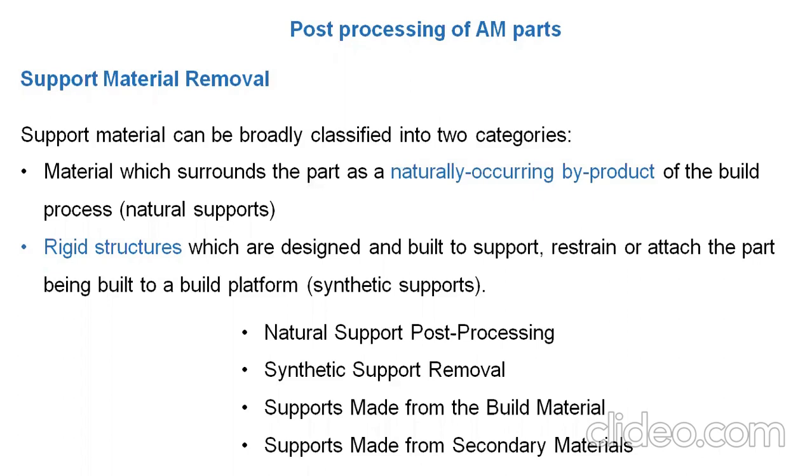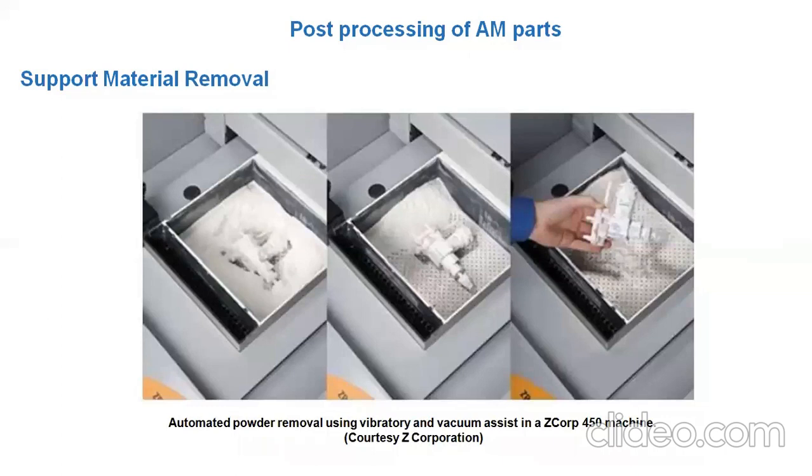We will move to the next slide, which represents the image of support material removal. You can identify from the first figure, this first figure which represents your part is inserted into the support material, and we have to remove this support material by using which method.